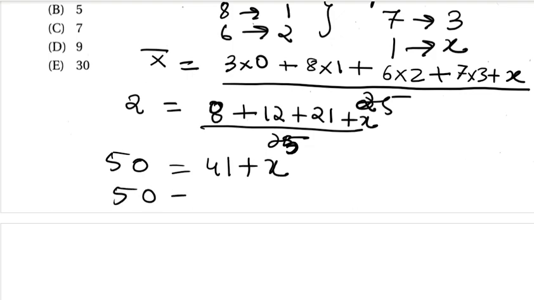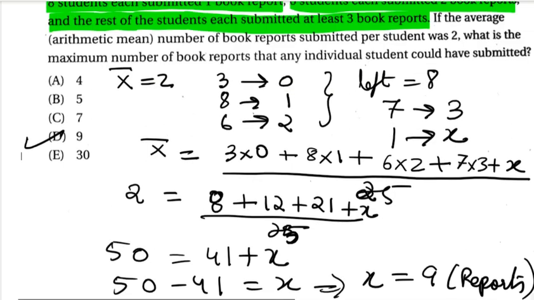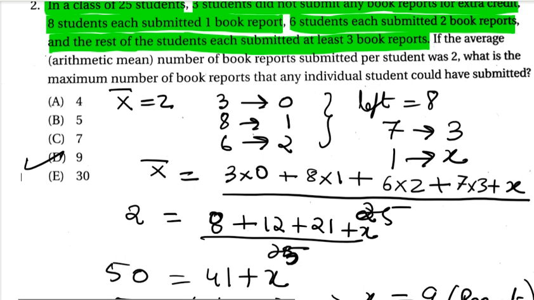Hence 50 minus 41 equals x. That implies x is equal to 9 reports. So the last student has to submit 9 reports. So 9 is your correct answer. So this question is also over. Let's move on to our third question.